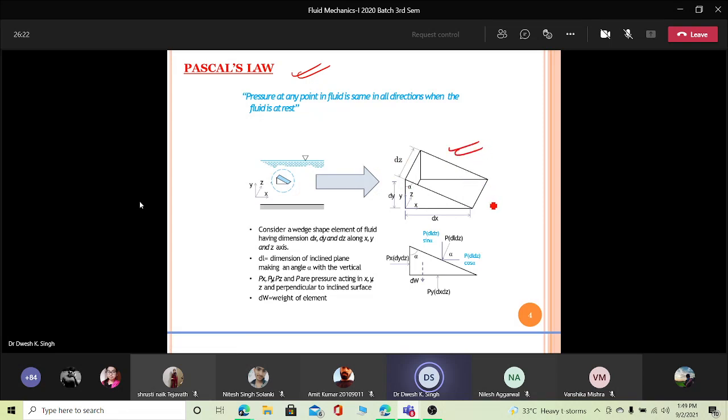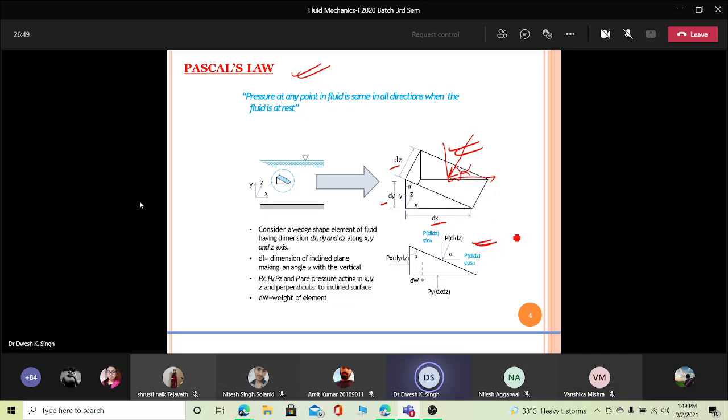I think all of you are familiar with this: there is a wedge shape having dimensions dx, dy, and dz. These are the dimensions, and a pressure acts on this surface. As we know, this pressure will act normal to this surface. So if it is normal to this surface, it will make some angle alpha with the x and y axes, as you can see in this picture.